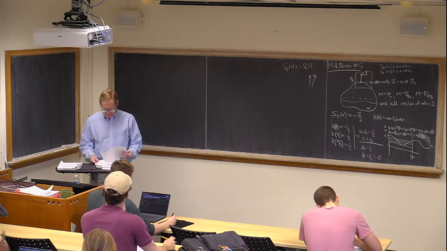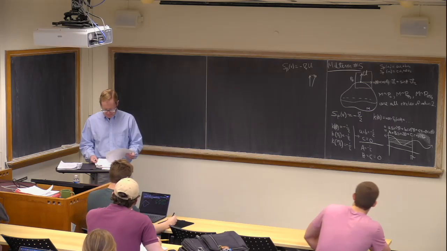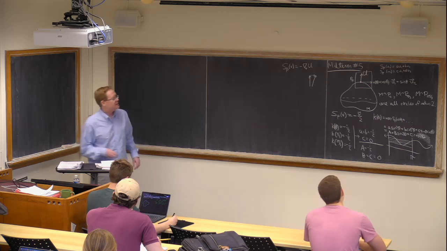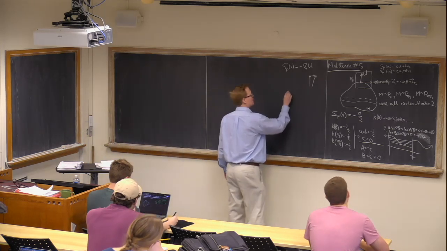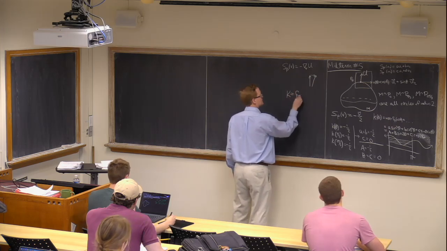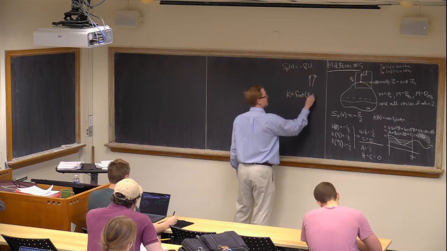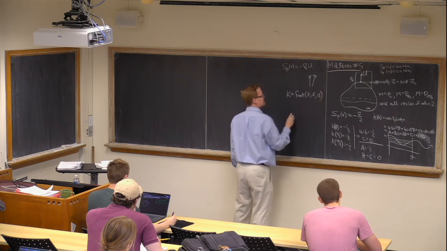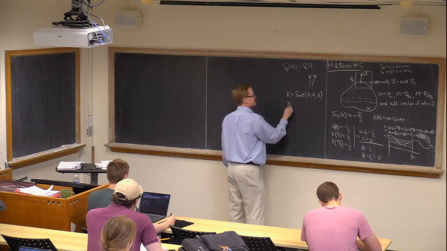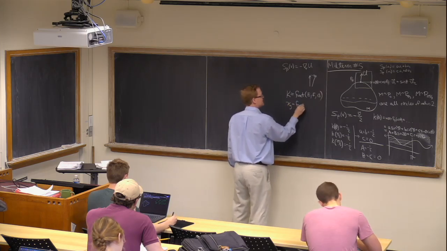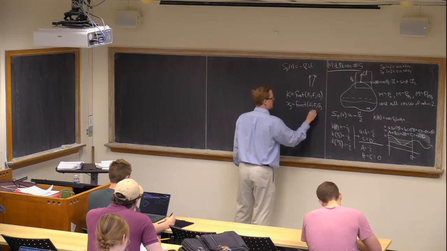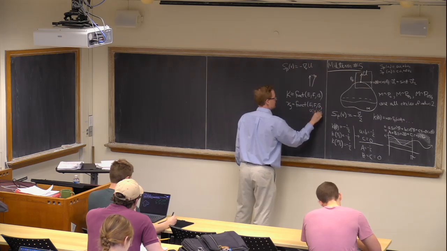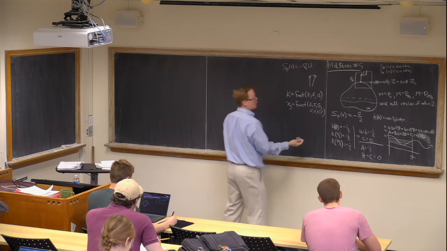Okay, last time we talked about soap bubbles, and then we got into geodesic curvature. So just to summarize what we've done in the last two lectures, K equals some function of E, F, and G, and its derivatives, right? But also geodesic curvature is equal to some function of E, F, and G, and also U prime, V prime, U double prime, and V double prime in the coordinate chart, right?